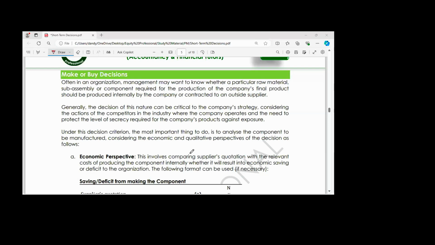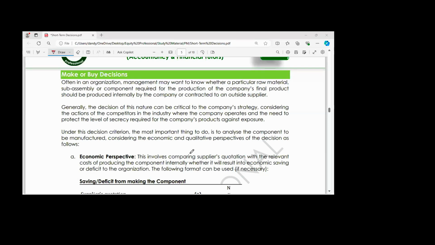So these are the introduction to the make or buy decision. However, under make or buy decision, the most important thing you need to do is to compare the supplier's quotation versus the relevant cost of making, whether it will result in a saving or deficit to the organization.